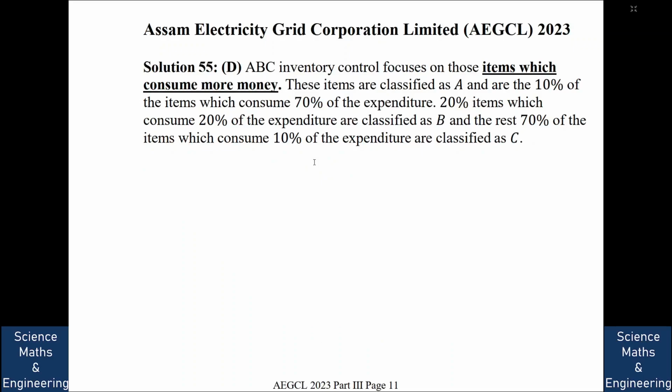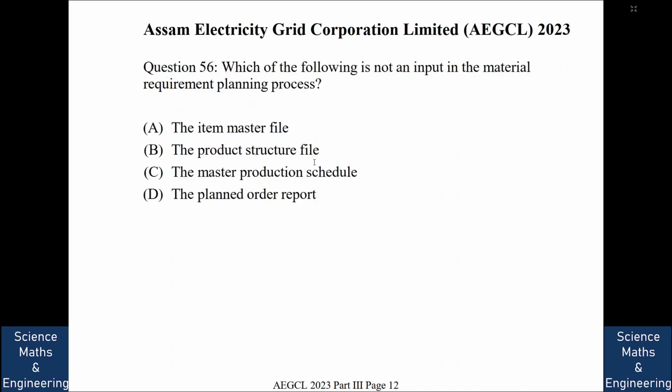In any institution, the top 10% of items consume around 70% of the expenditure, so these are classified as A. Then 20% of the items consume 20% of the expenditure, classified as B, and 70% of the items consume 10% of the expenditure, and these are classified as C. It is always focused that the A inventory is kept in such a way that we have the least wastage, but we can maintain our work as per schedule. Okay, so we'll go to the next question.